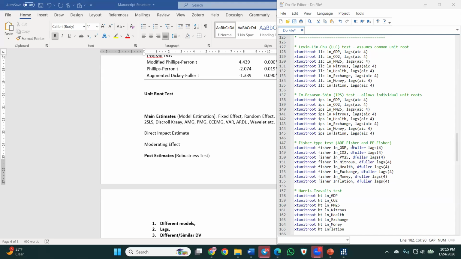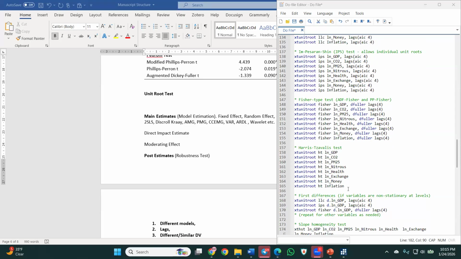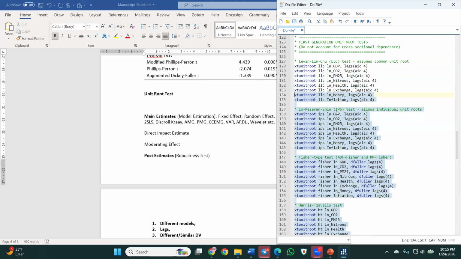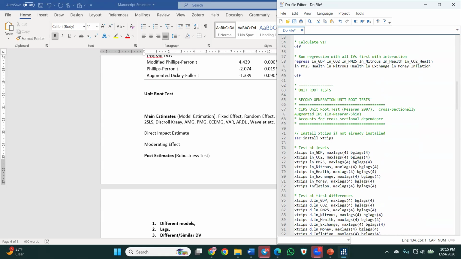So we have the ADF and then the Phillips-Perron. And then we have the Harris-Tzavalis test. They are all first generation unit root tests. And then the second generation, which accounts for cross-sectional dependency, we have the CIPS. So the IPS is the first generation, and then the CIPS is second generation.